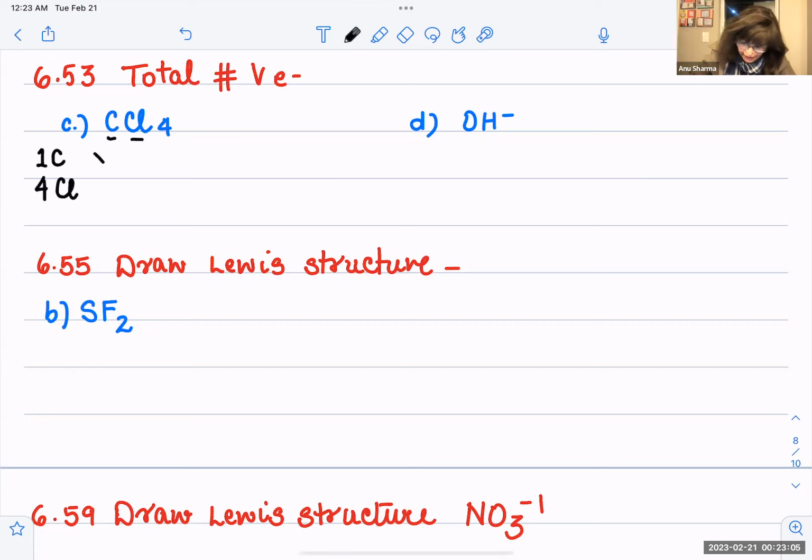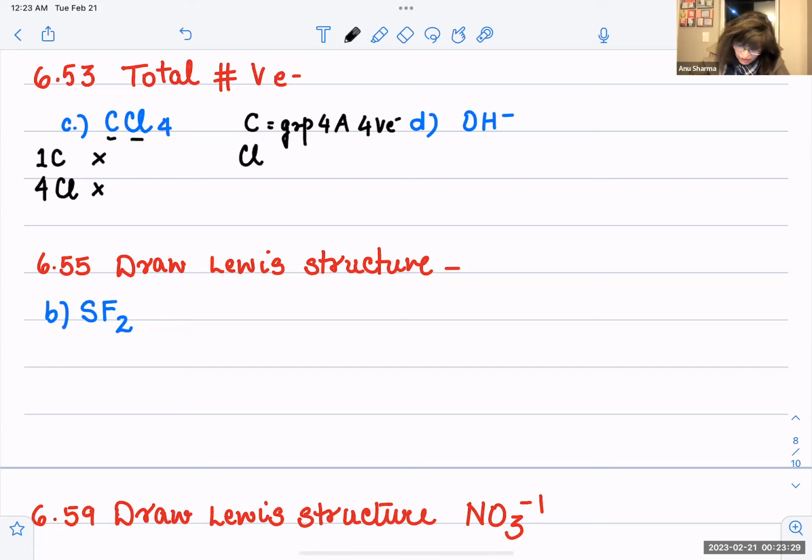Next, you're going to look at the number of valence electrons. In order to get the total number, you look at the individual valence electrons. Carbon belongs to group 4A, which means there are four valence electrons.